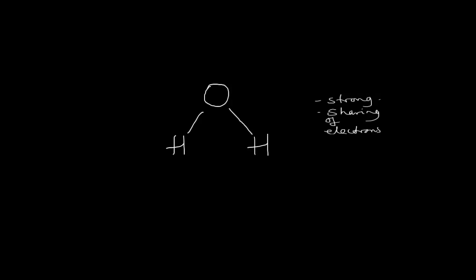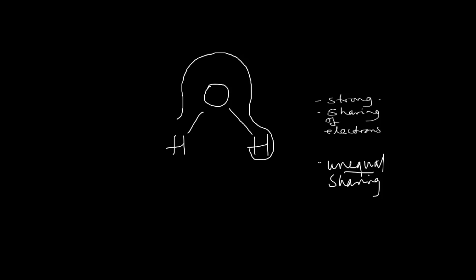Now the thing is that oxygen and hydrogen do not share the electrons equally. So, in fact, it is an unequal sharing of electrons. Okay, it's unequal. These electrons spend much more time around the oxygen than they do around the hydrogen.